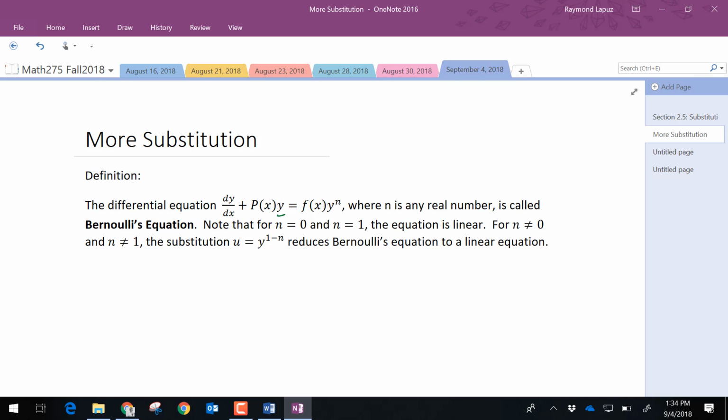So the point is that as long as it's not equal to 0 or 1, then we can make a substitution that would make your original Bernoulli differential equation look like a linear differential equation, in which case we can use the integrating factor business to solve for this.